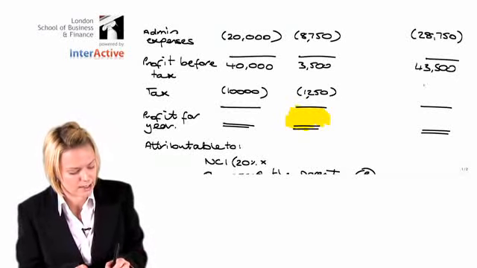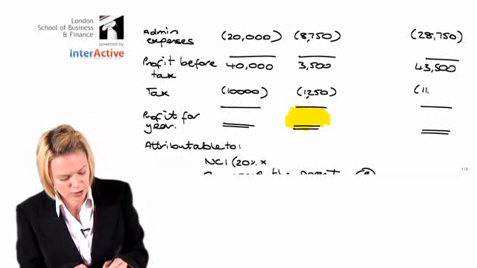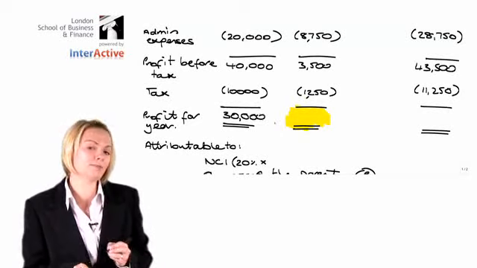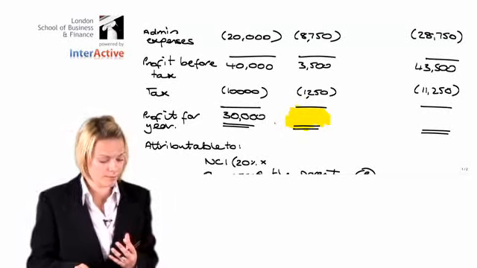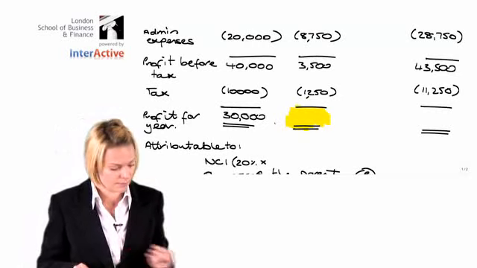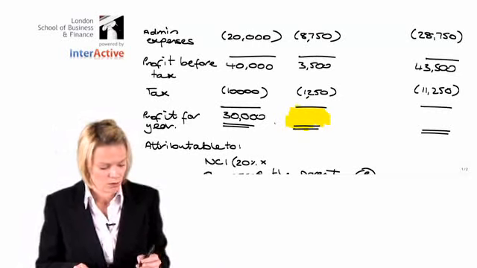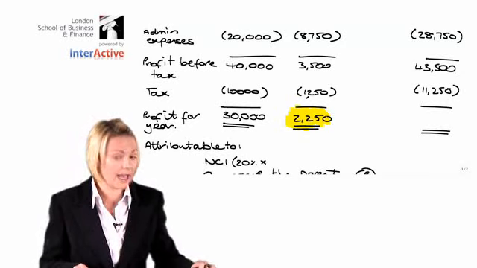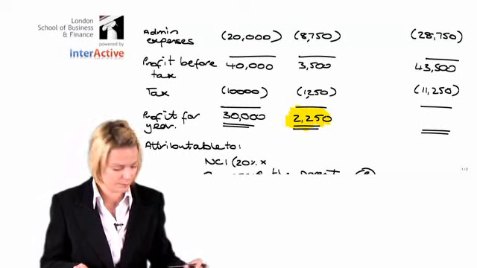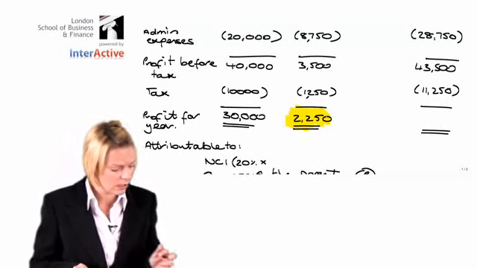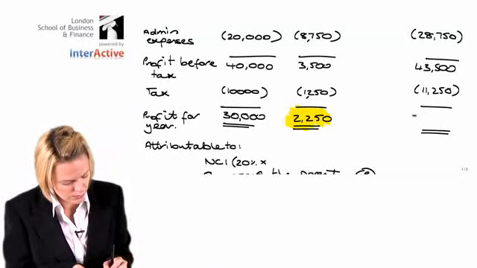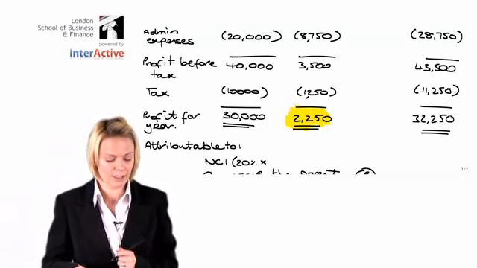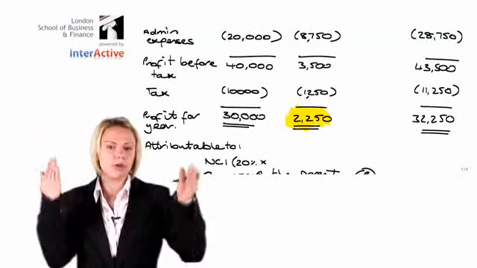We've then got tax for the group of 11,250, which gives the parent's net profit or profit for the year of 30, 2,250 profit for the sub, and then add down for the group as well. Will give us 32,250. Okay, so all the hard work's done. You just add across and add down.